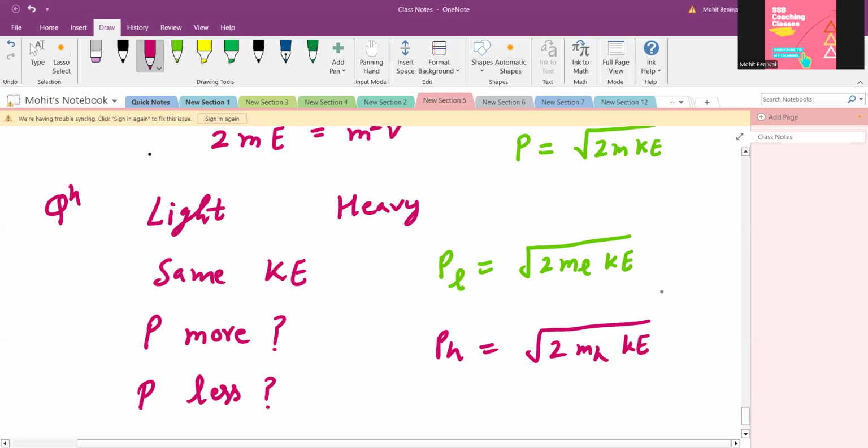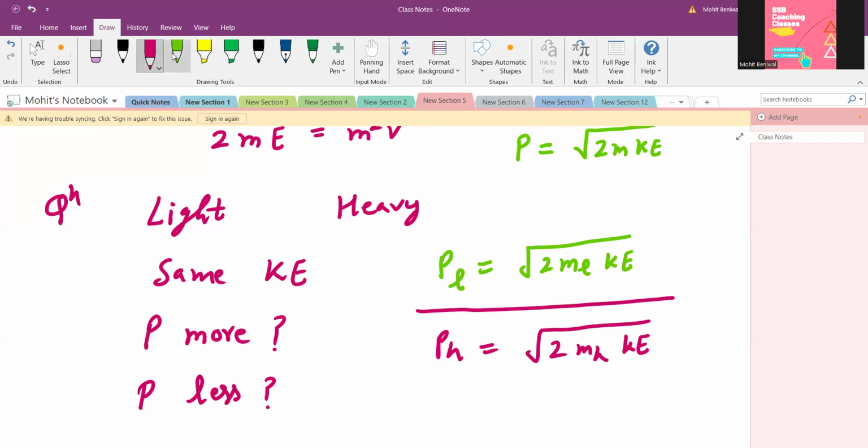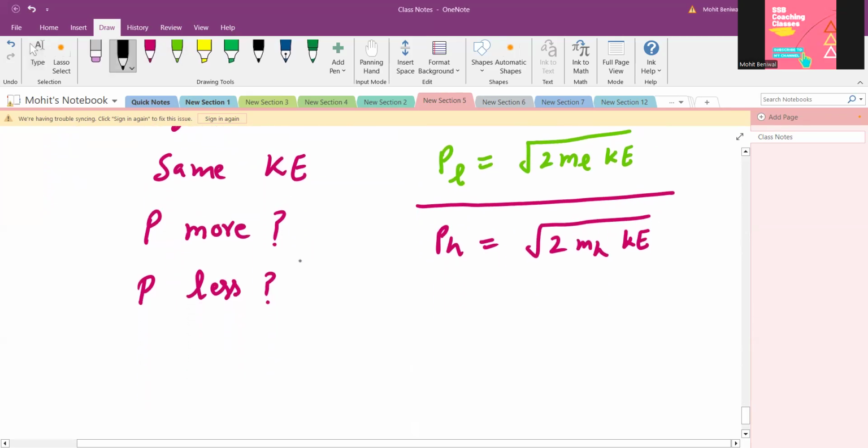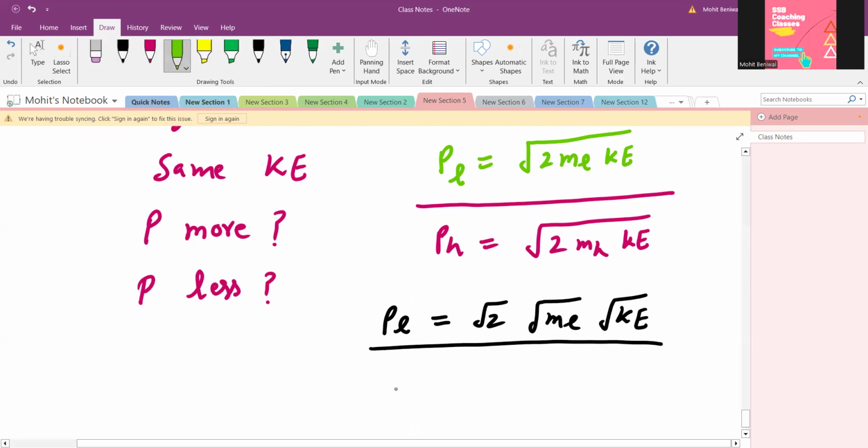And if I divide these two and simplify, linear momentum of light object is root 2 times root ml root kinetic energy, over root 2 times root mass of heavy object, kinetic energy is the same. So basically these terms will cancel out.